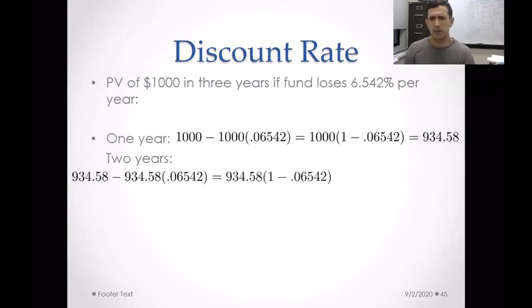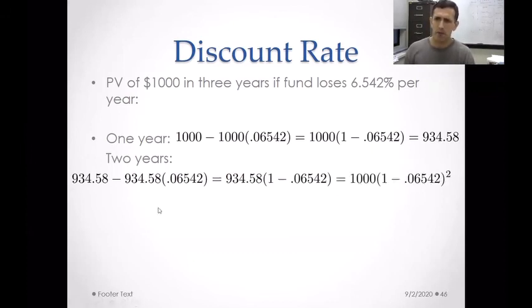We do the same thing. We take this 934.58, subtract off 6.542% of it. All right, and we do that, we can factor out the 934.58, just like here we factored out the 1,000. And remembering that 934.58 is 1,000 times 1 minus 0.06542, we get a 1 minus 0.06542 squared.